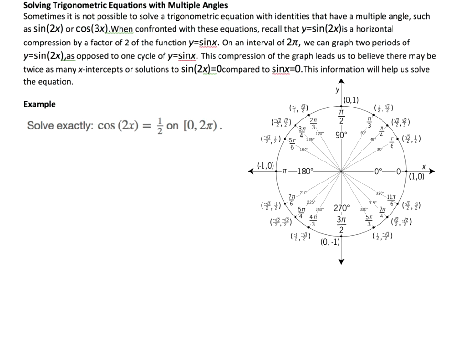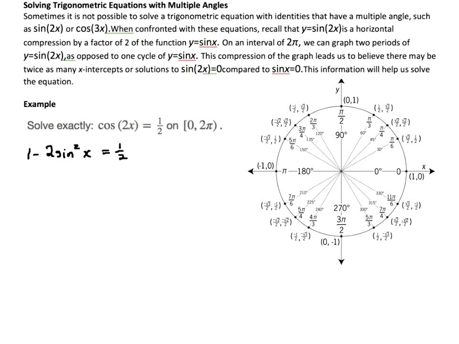Okay, so the first thing I noticed is that I had the cosine of a double angle on the left-hand side. So I used my double angle formula and called the cosine of 2x 1 minus 2 sine squared of x, and that equals 1/2.